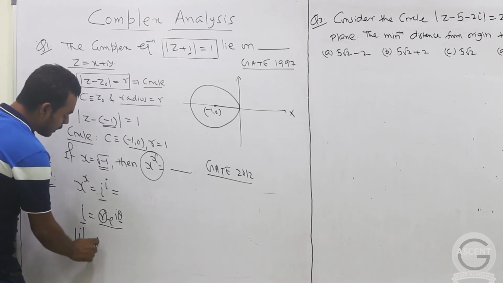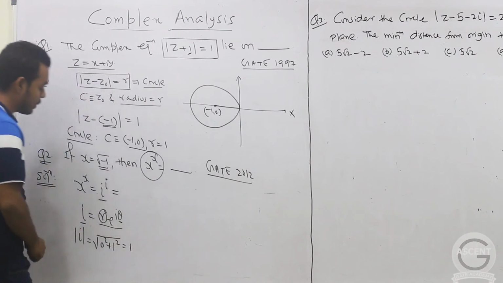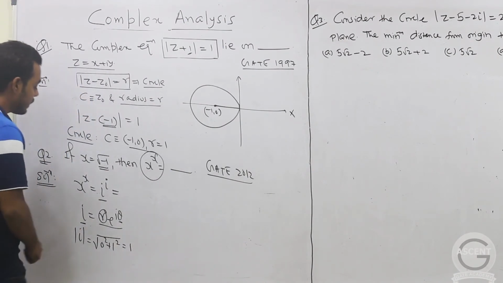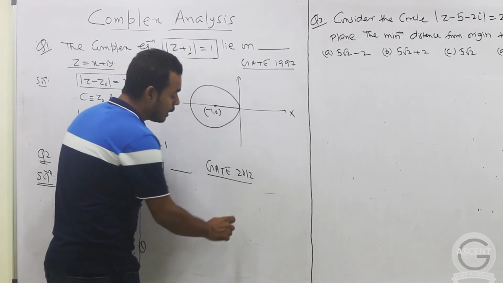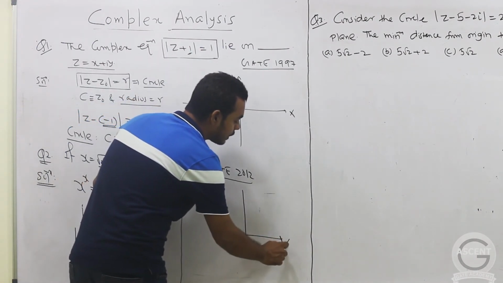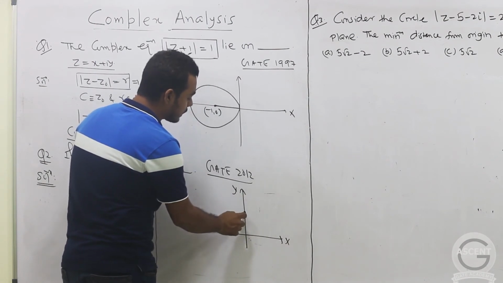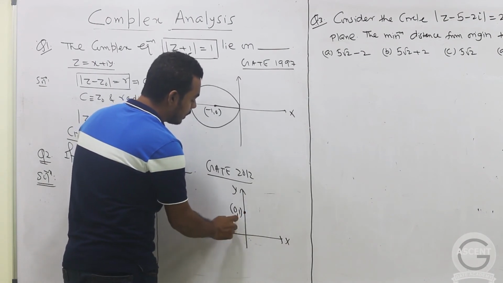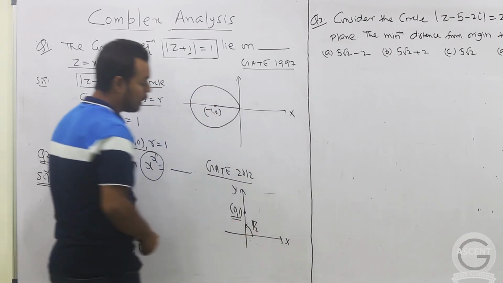So the modulus of this complex number will be 1, because modulus is root over real part square plus imaginary part square. And what is the value of theta here? We all know that theta is the angle made by this complex number with the positive x-axis. So iota will be on the imaginary axis. This point (0, 1) will represent iota. So you can see that this angle will be pi by 2.